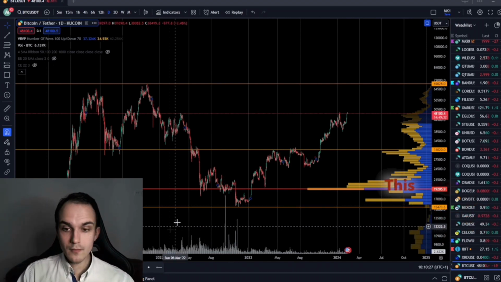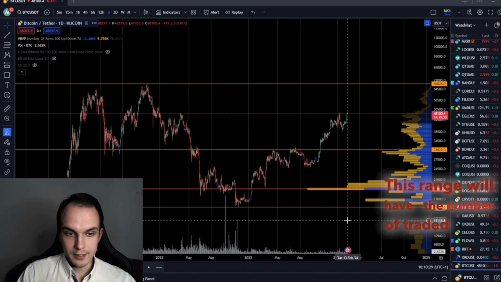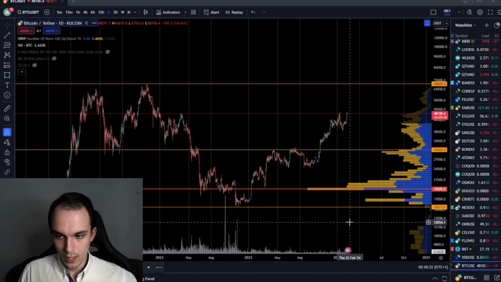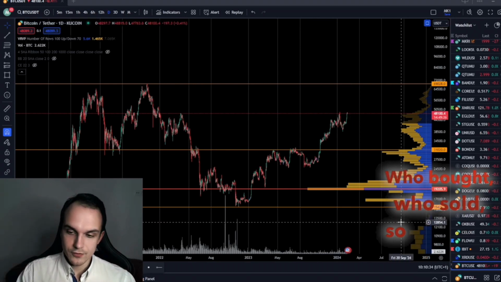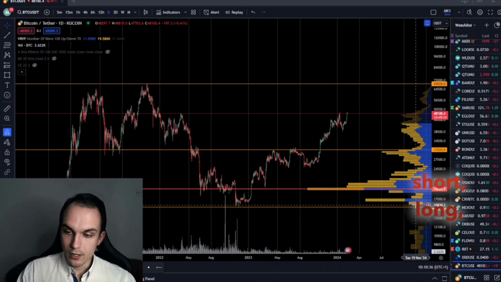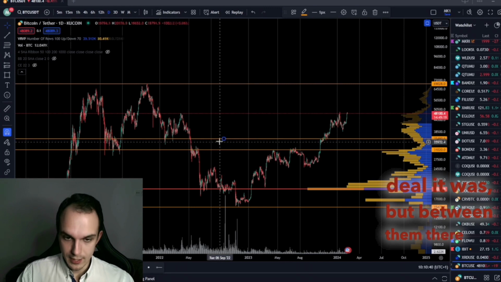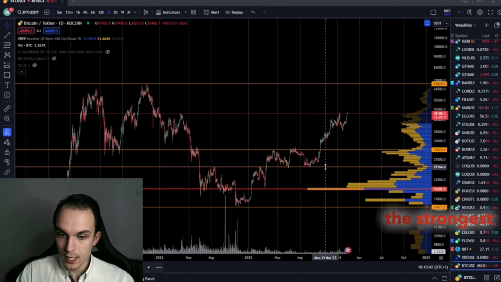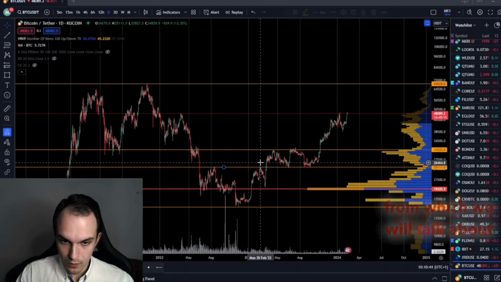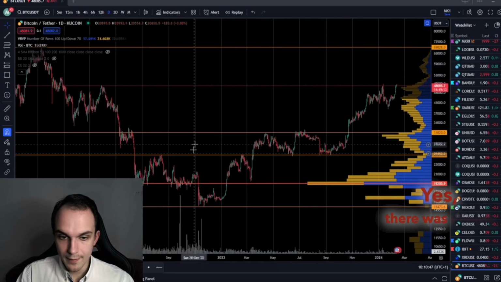This range has the number of traded deals, who bought, who sold, long or short, it doesn't matter. Between them there will be the strongest level, the strongest range from which we will talk about price movement. There was clearly a level here.